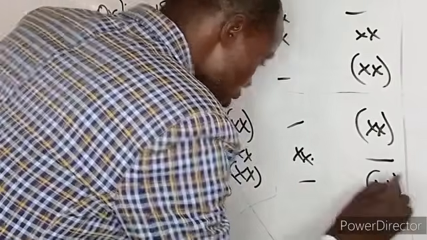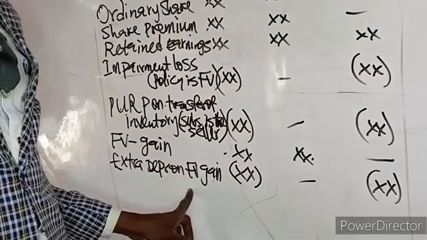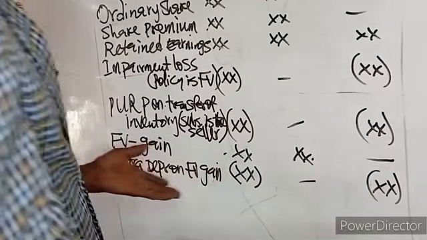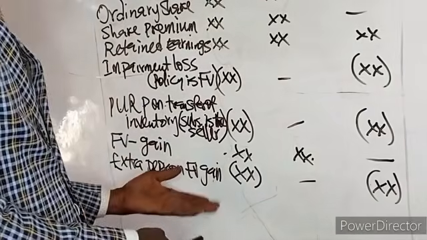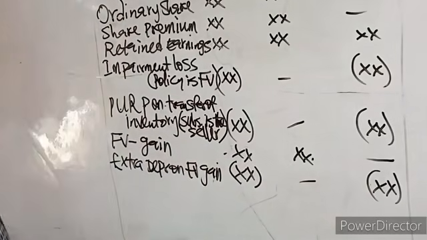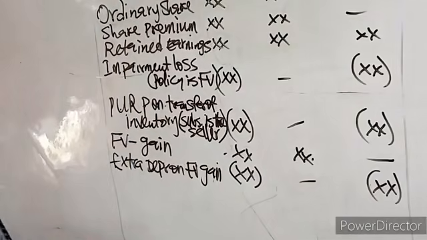So, this depreciation will be calculated from the date of acquisition to the date of consolidation. You count the number of months or years from the date of acquisition to the date of consolidation. I want you to take note of that. Where it is fair value deficit, it is the opposite of that.